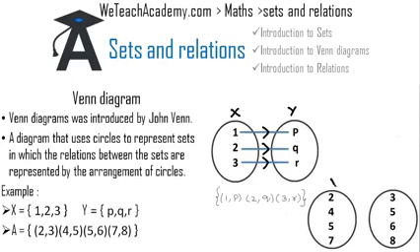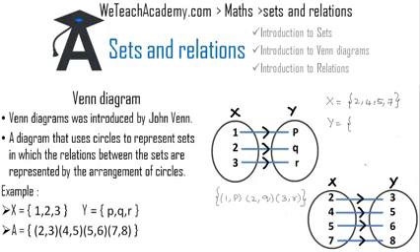Let us represent the first Venn diagram with X and the second with Y. Now let us map the first element of X, 2, with 3, and similarly the other elements: 4 is mapped with 5, 5 is mapped with 6, and 7 is mapped with 8. We get the elements of set X as 2, 4, 5, 7, and the elements of set Y as 3, 5, 6, 8.